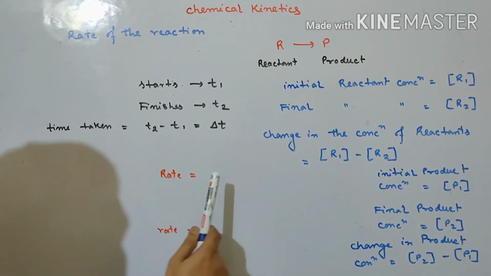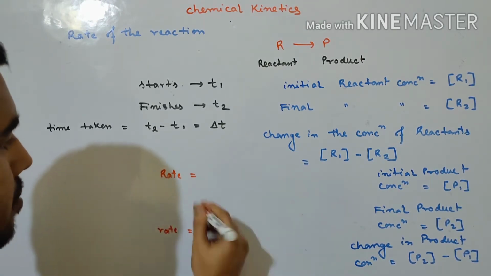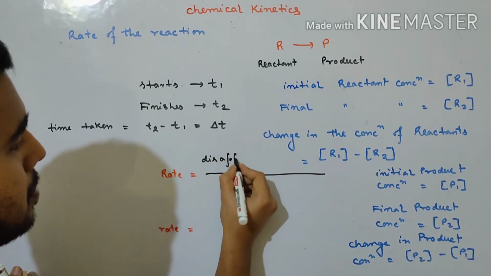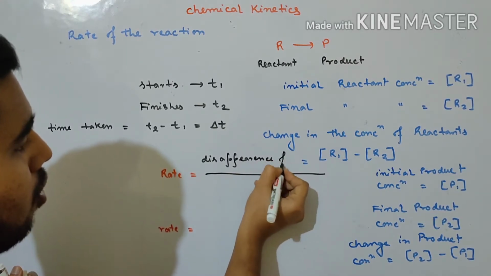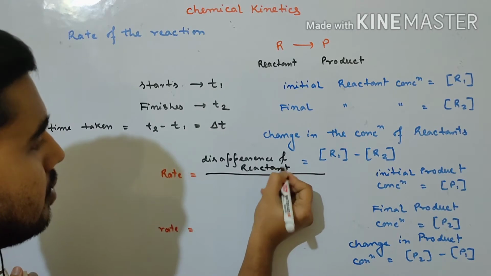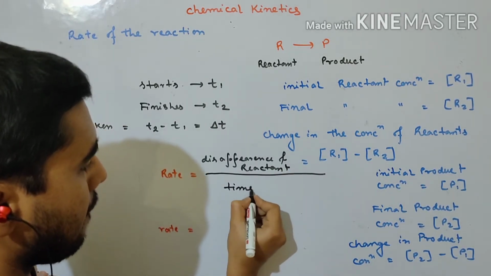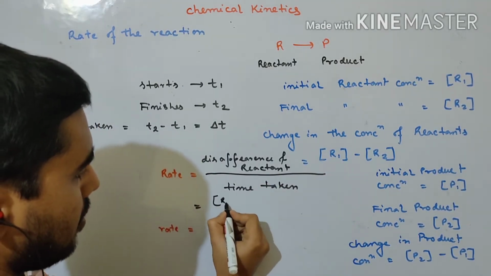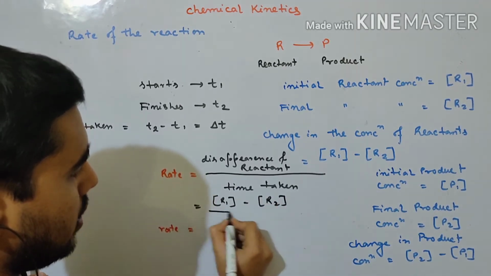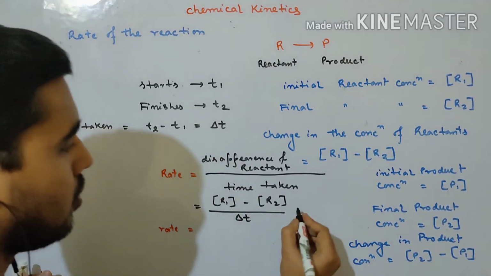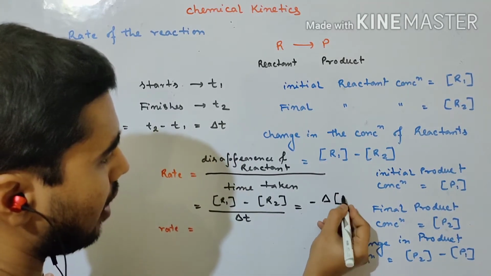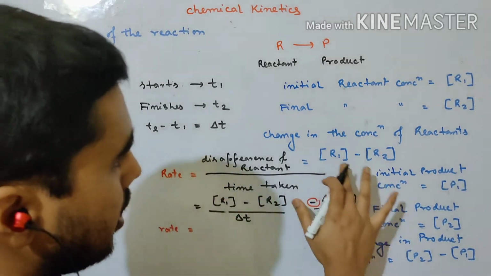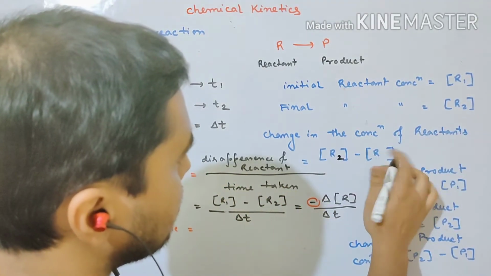When we are talking about rate, it can be written in two ways. First is the disappearance of reactant by time taken, which can further be written as R1 minus R2 divided by the time taken, delta T, which can be written as minus delta R divided by delta T. So here we should write R2 minus R1.